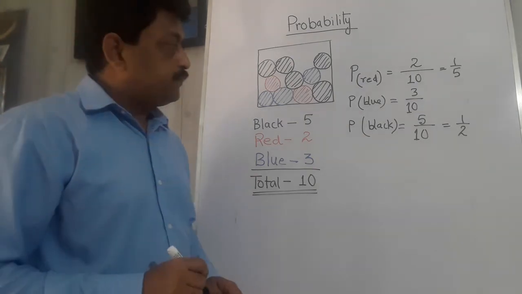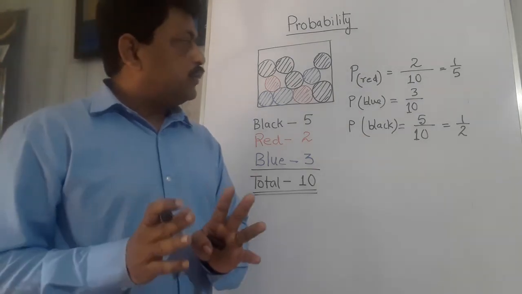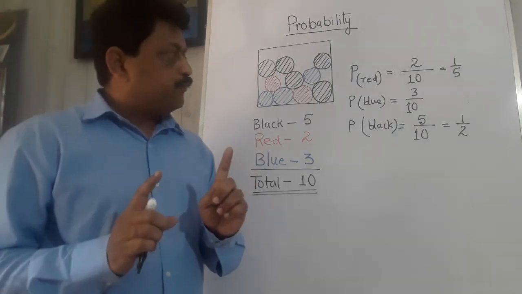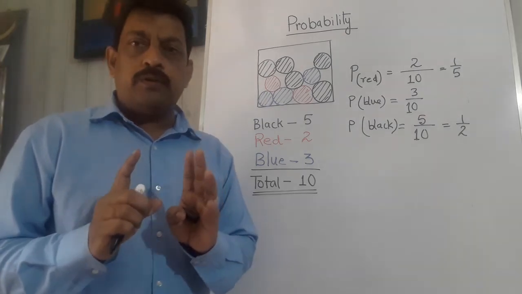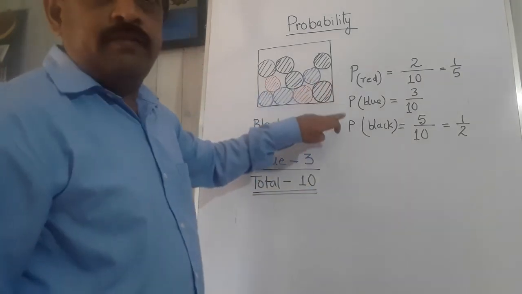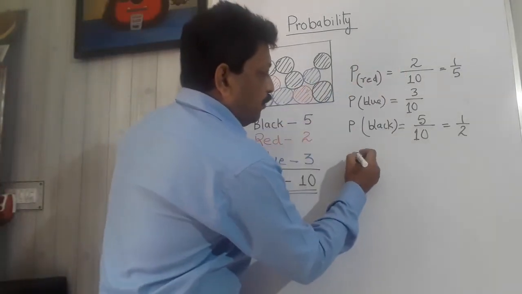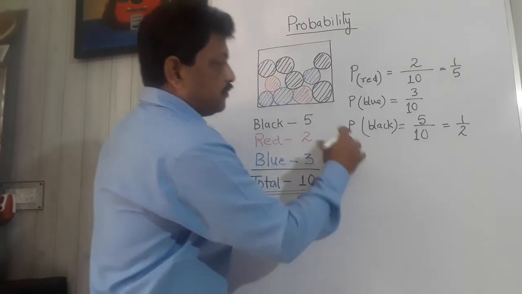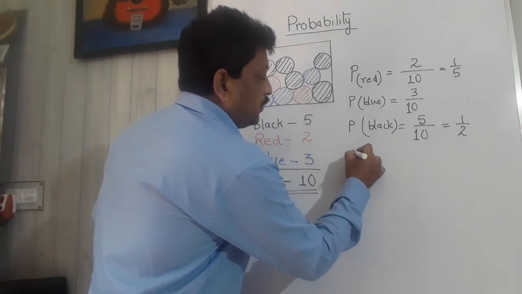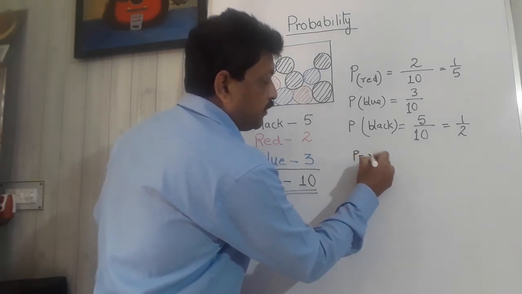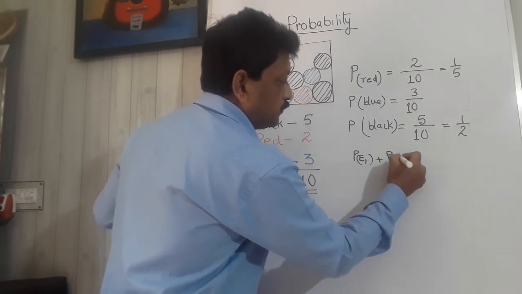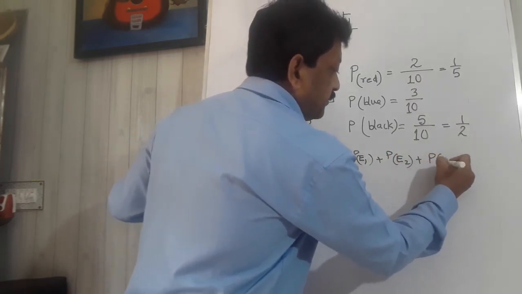Now remember one thing. I have told you in the previous class that the sum of the probability of all the elementary events is 1. These are all elementary events. So sum of all the probabilities, that is P(E1), P(E2), P(E3).